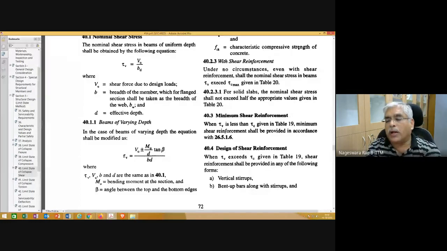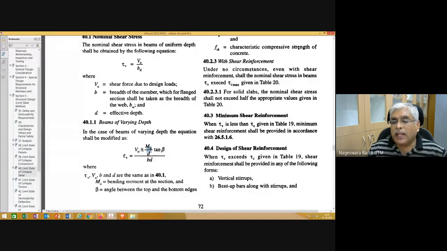And if the two edges are parallel, what is going to be beta and what is going to be tan beta, and whether this equation is going to degenerate to this or not, you please check it. Okay. So bending moment at a particular section is also required to calculate the nominal shear stress for beams of varying depth. That you keep in mind.